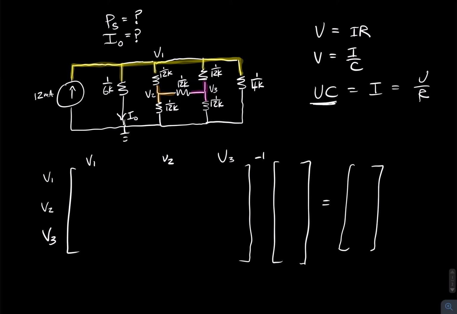Alright, so I'm going to write this directly into matrix form. I'm not going to write any equations down, so pay attention and I'll show you how to do this. So basically, if you were to write equations, you would write V1 minus V2 divided by 12 kiloohms. Or if you were using Siemens, you would say V1 minus V2 times 1 over 12 millisiemens.